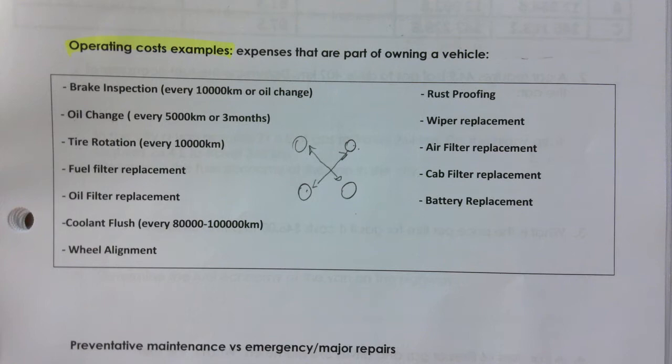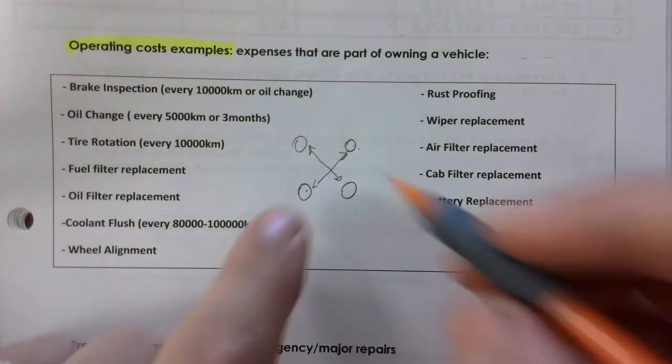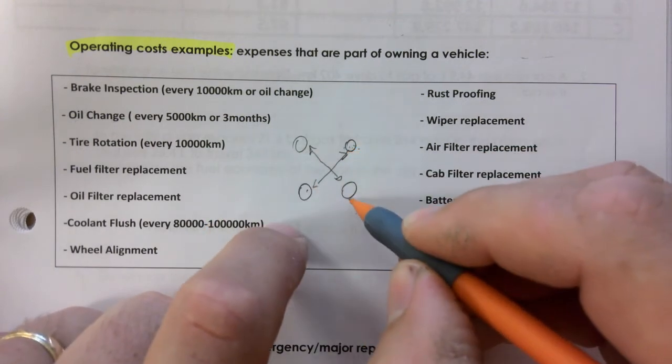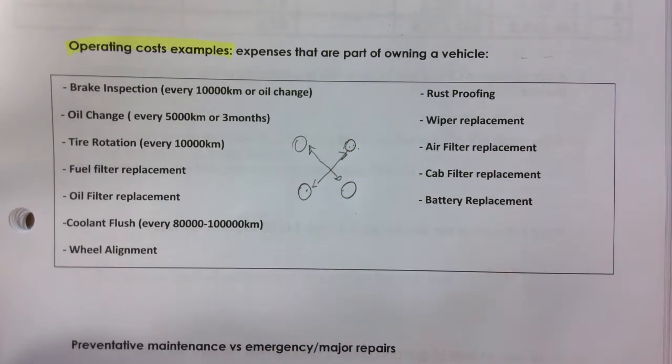If you do this, you're making sure they're wearing out at the same rate everywhere. You're extending the life of your tires. If you leave them as they are, the front ones will need to be replaced a lot sooner than the rear. So that's tire rotation.